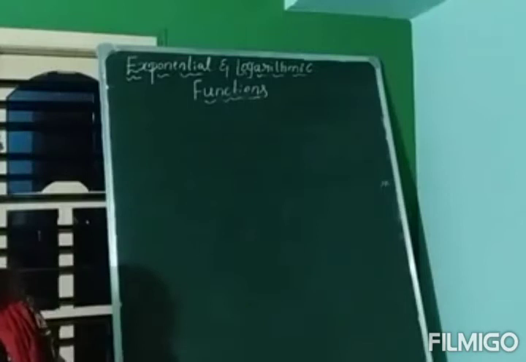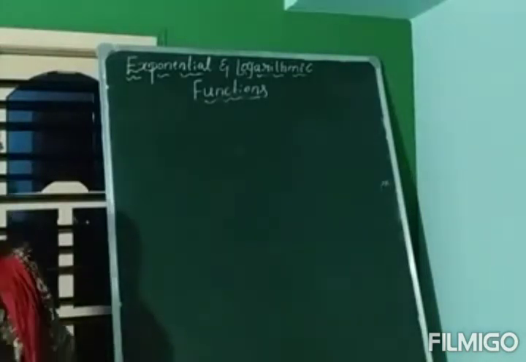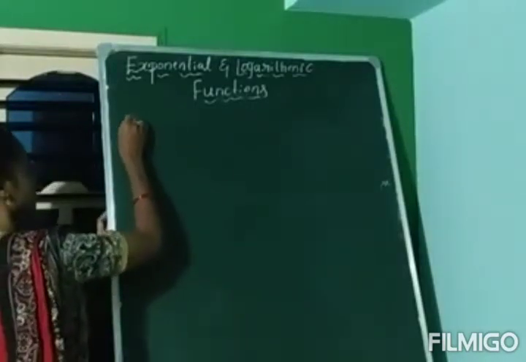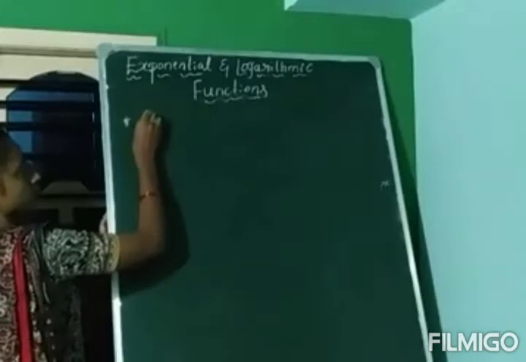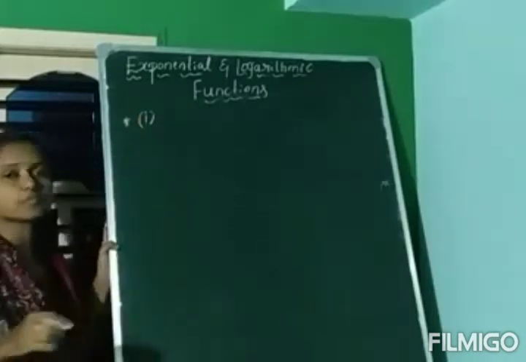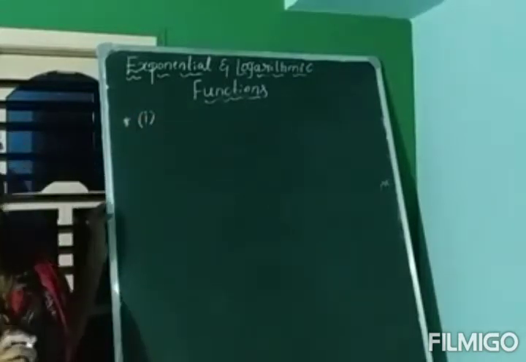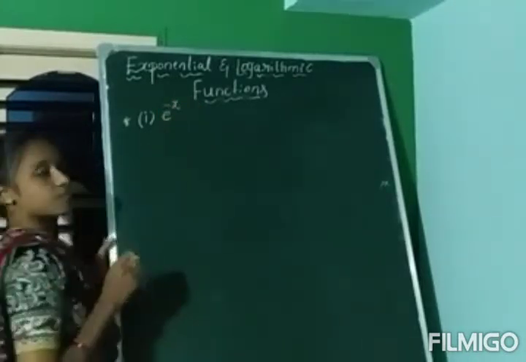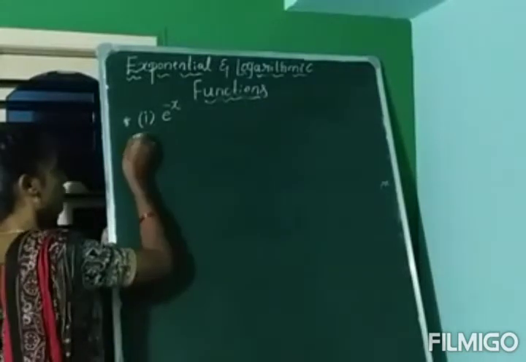So the example is, differentiate the following with respect to x. First one is e power minus x, an exponential. So how can we differentiate this?